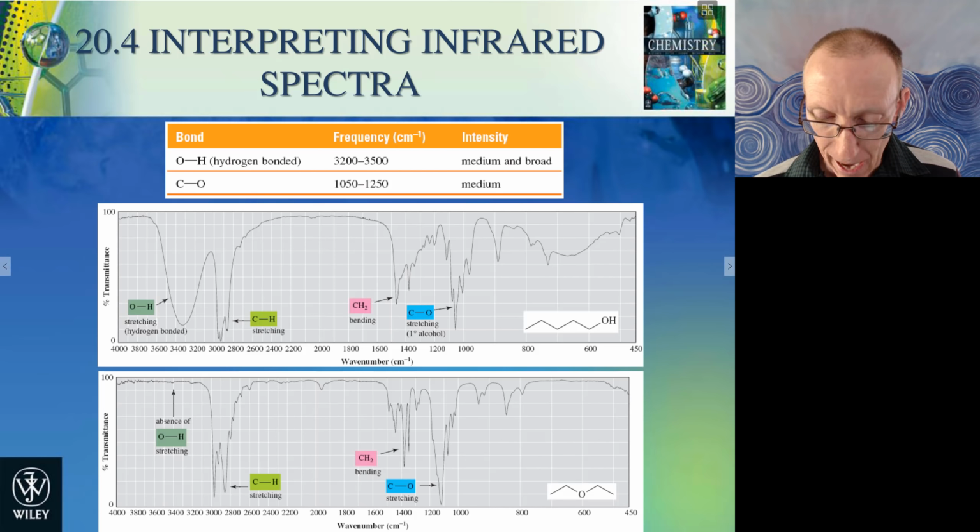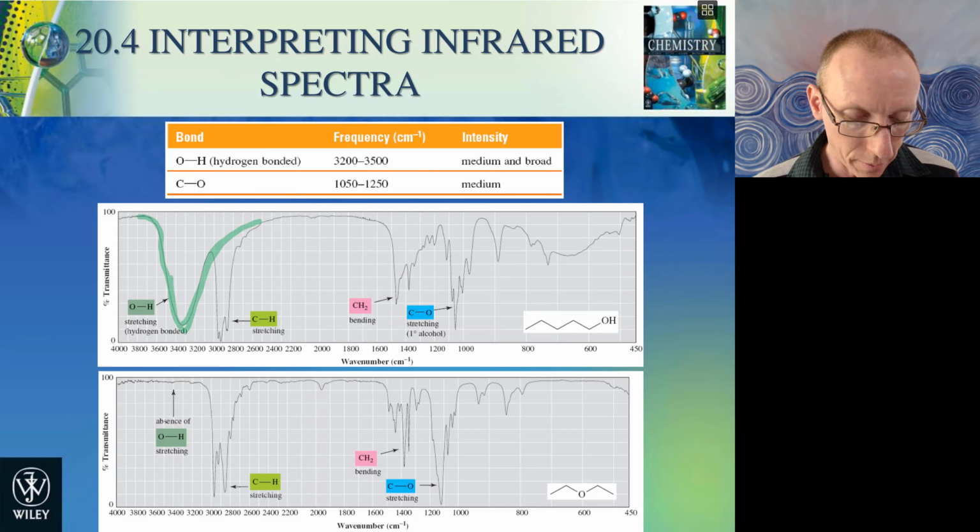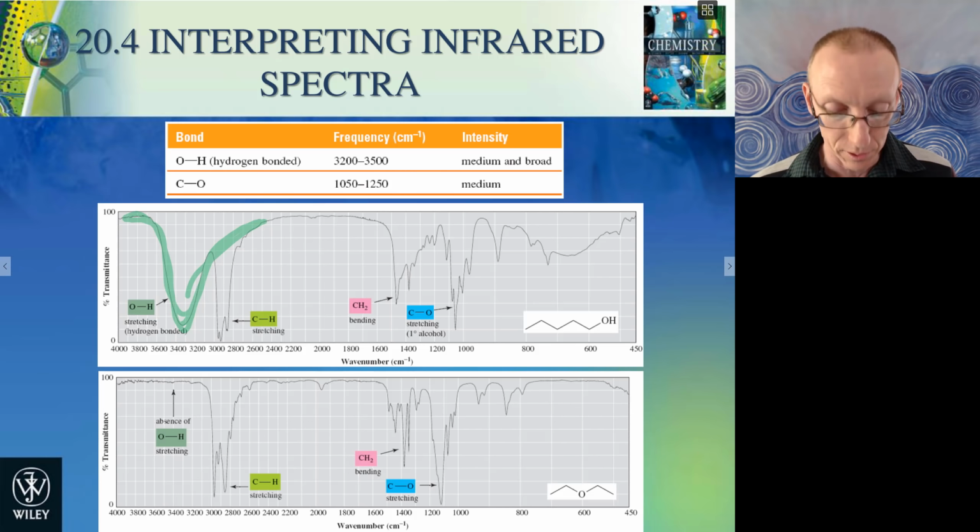So here we've got an alcohol. It's just a straight chain alkanol. And we've got a really large, broad, intense peak here for the OH stretch. And it peaks at around 3,300 reciprocal centimeters or so. So that's really characteristic of an OH stretch.